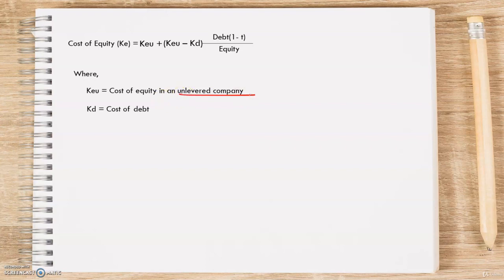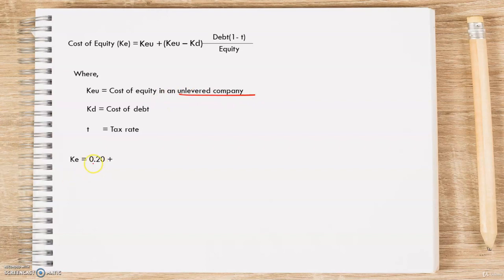Next, you can also find the cost of equity using this formula: KE equals KEU plus KEU minus KD, multiplied with debt into 1 minus T by equity. Here KEU is the cost of equity in an unlevered company, KD is the cost of debt, and T stands for the tax rate.